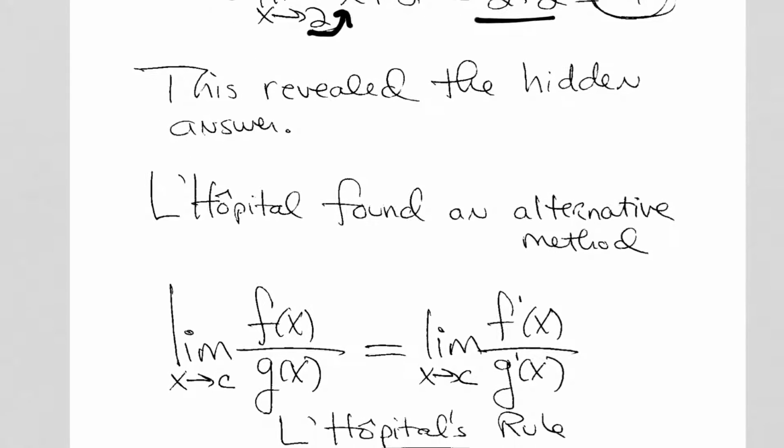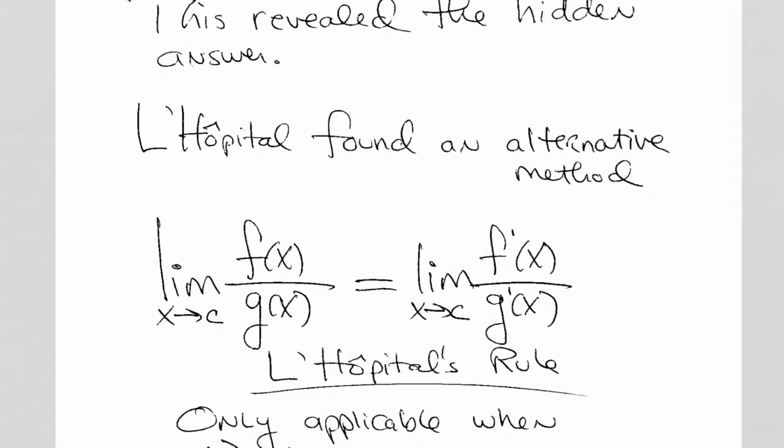Now, L'Hopital was a French mathematician, and what he discovered was there is an alternative method to finding the answer for a limit which is undefined because it's indeterminate. And the alternative is very creative and very interesting.